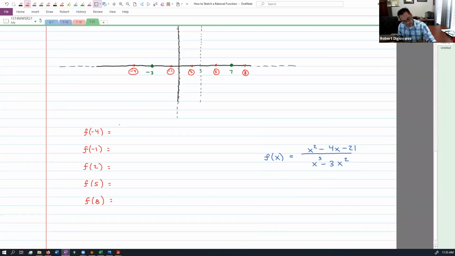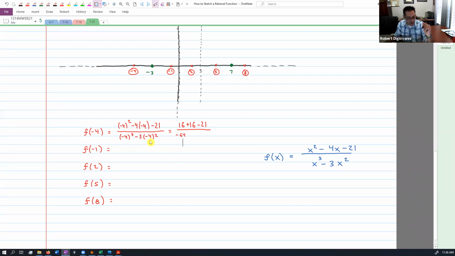So when I plug in -4, I'm going to have -4 squared minus 4 times -4 minus 21 all over -4 cubed minus 3 times -4 squared. So that's a lot to have to figure out here. This is 16, plus 16 minus 21 all over -4 times -4 times -4 is -64.